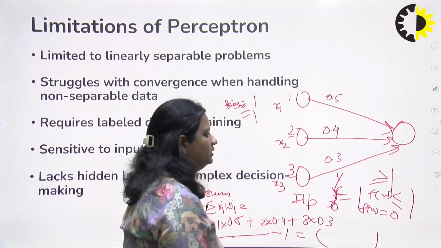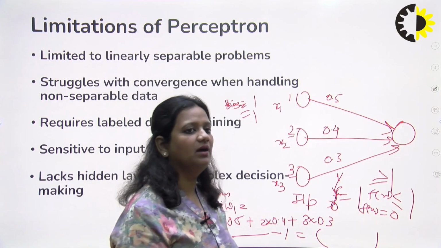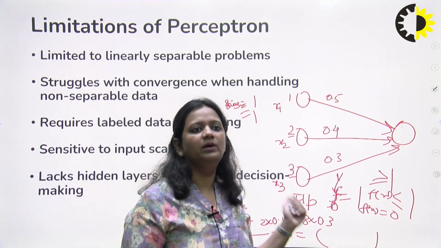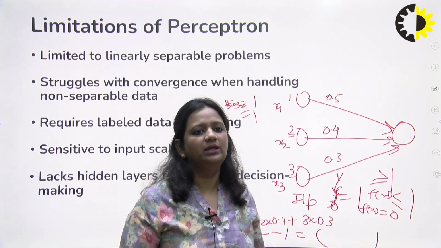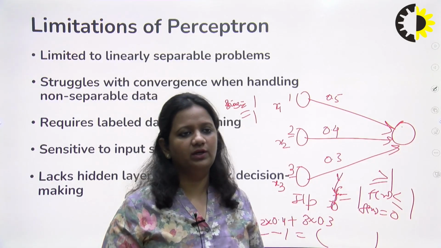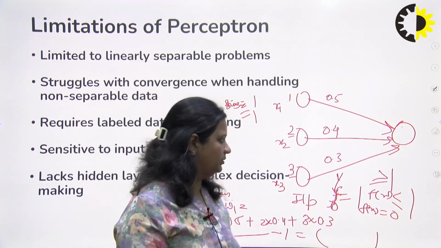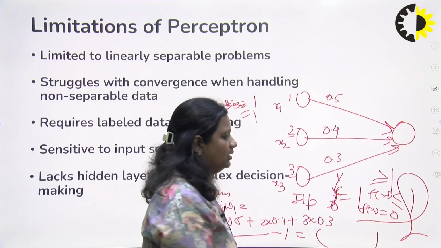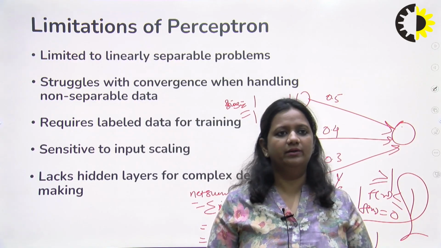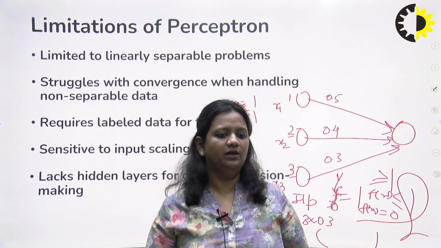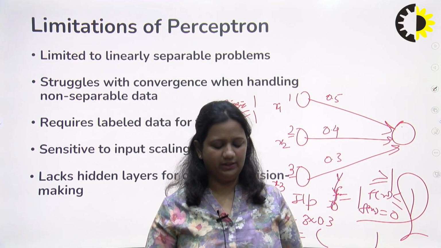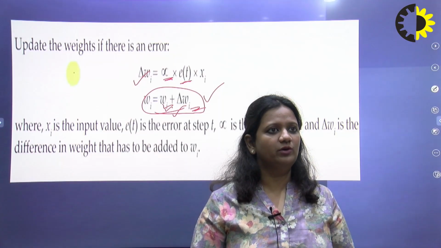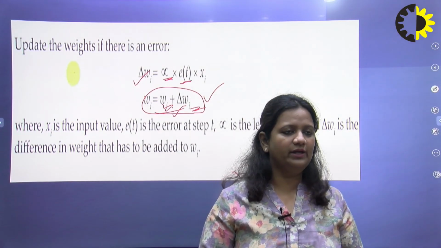So according to this, we classify our data into two categories, 0 and 1, because the single layer perceptron is best suited for binary classification problems, in which we have linearly separable data.